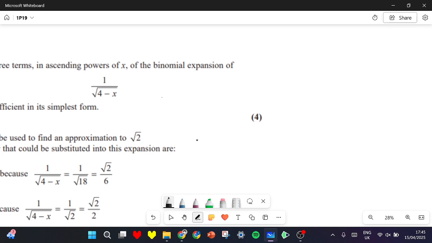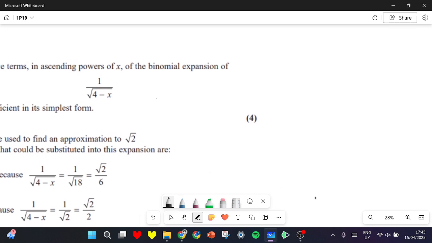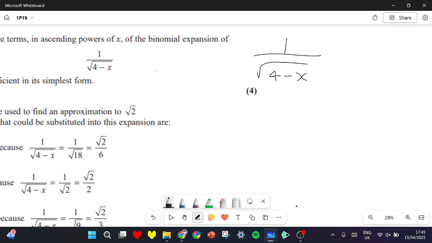I'll write it here. So for this one, 1 over the square root of 4 minus x. So we know that anything that's square root is the same as doing whatever to the power of a half. So this is the same as 1 over 4 minus x to the power of a half.